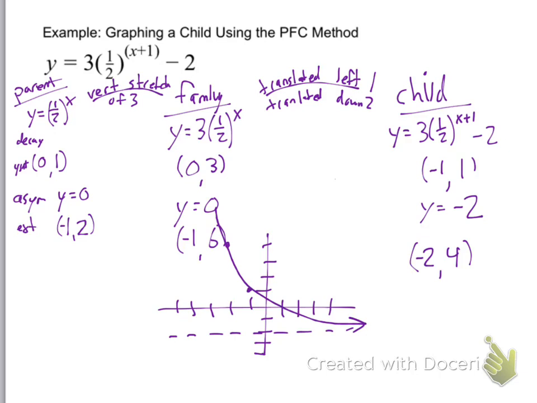Now, word of advice. This is not our first rodeo with the PFC. Last time, I was maybe a little bit more forgiving that people forgot to write things, forgot to state things. All of this needs to be there because that demonstrates that you, number 1, can describe how you're attaining that graph.